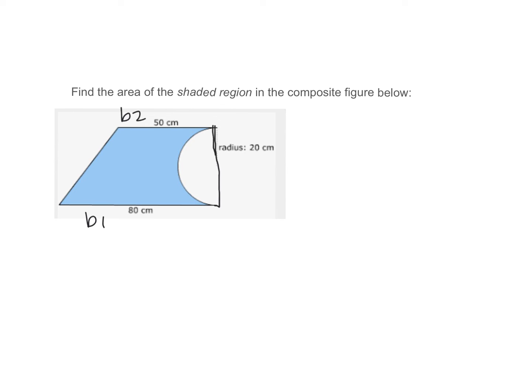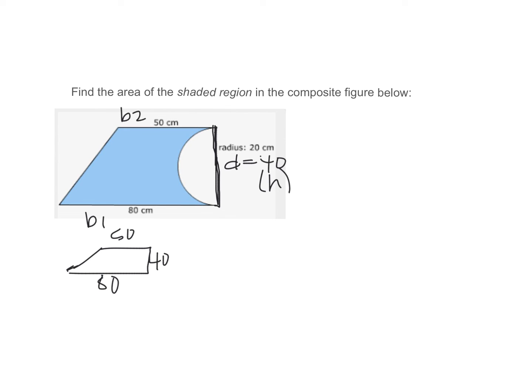It told me that the radius of this circle is 20, which means that the diameter would be 40, which means that the height of my trapezoid would be 40. So let's figure out the area of my trapezoid first. So base 1 is 80, base 2 is 50, the height is 40.